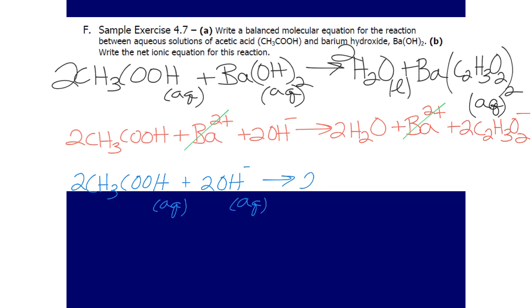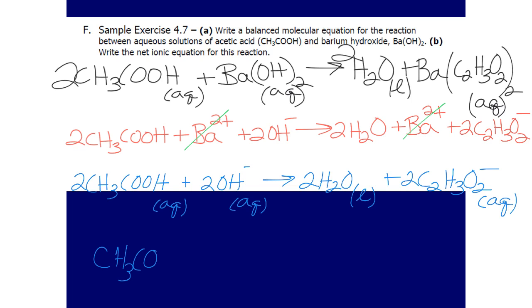That produces 2 moles of water and 2 moles of the acetate ion. Now, because these all had 2's, I will reduce that down to 1's.